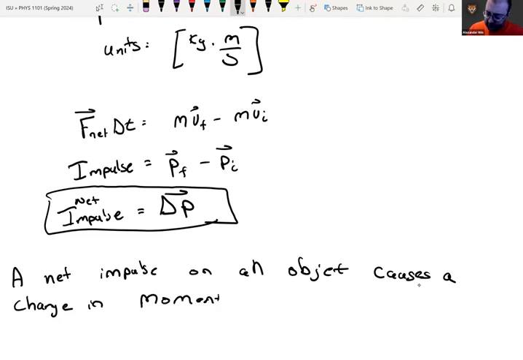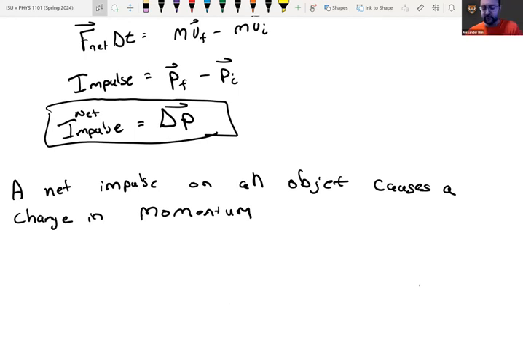Now, it turns out that this formulation is also an alternative way of writing Newton's second law. The second law, as we have been discussing, is written like this. It's written as F net equals ma.